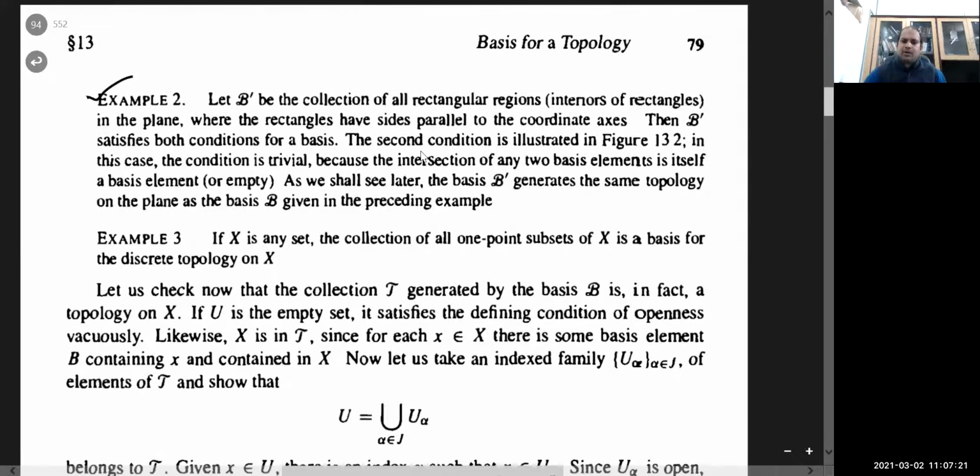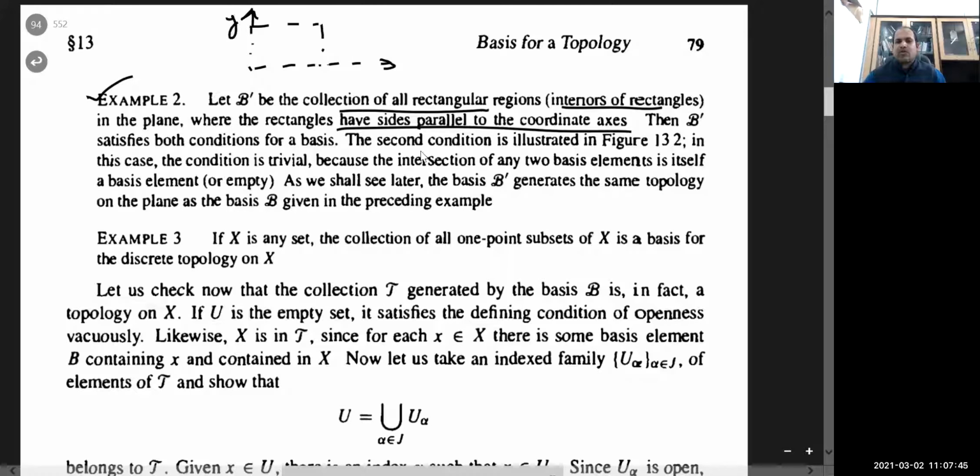Now the next example is, see, our topology on R2 will also be generated by the collection of all rectangular regions, the interiors of rectangles, where the rectangles have sides parallel to the coordinate axes. I mean basically we have the collection of all open rectangles whose sides are parallel to the coordinate axes.